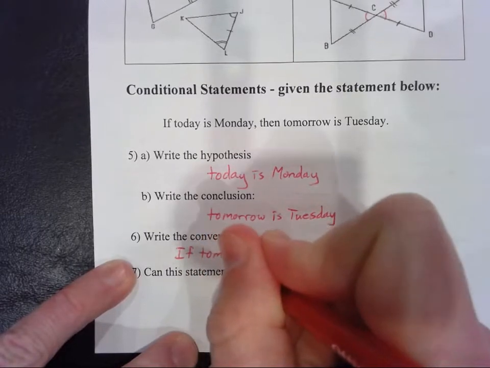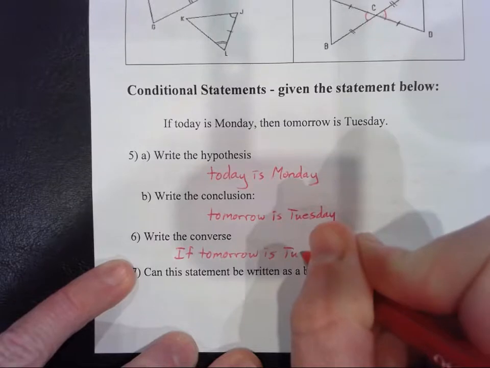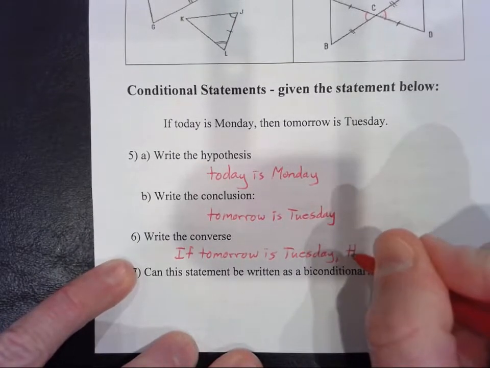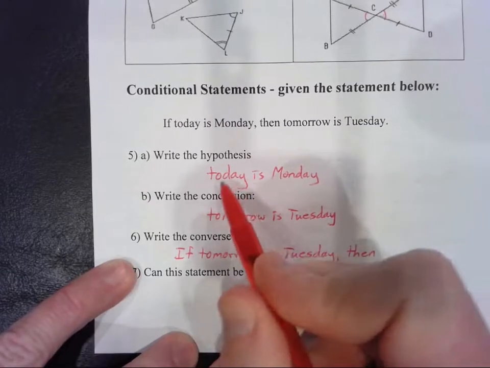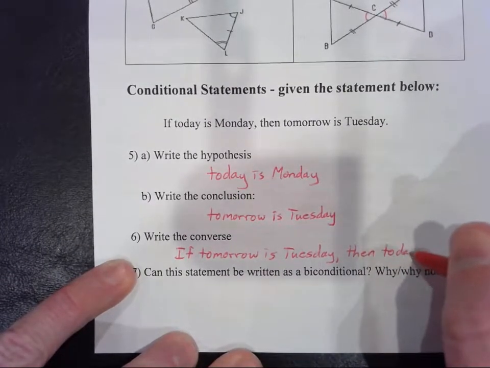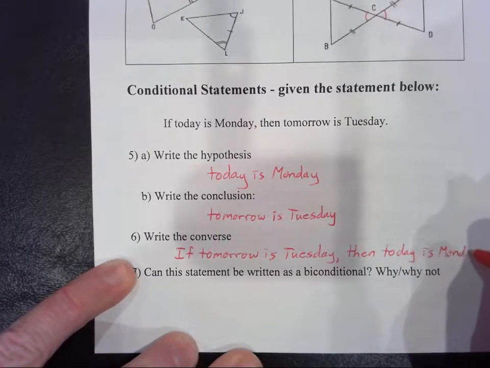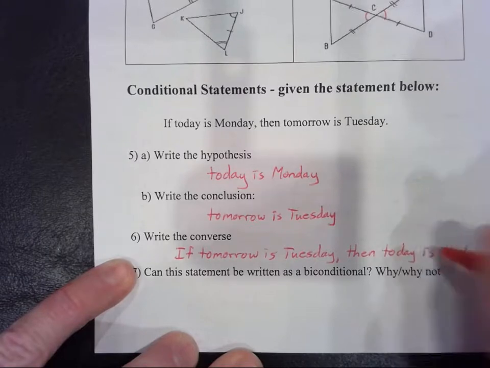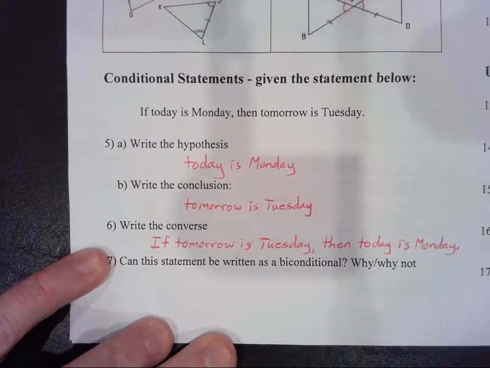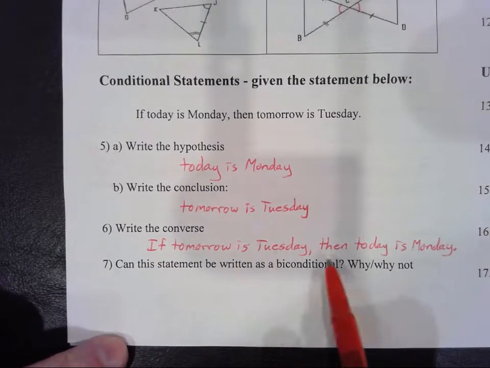If tomorrow is Tuesday, then, and now what was the hypothesis becomes our new conclusion. Today is Monday. So if tomorrow is Tuesday, then today is Monday.